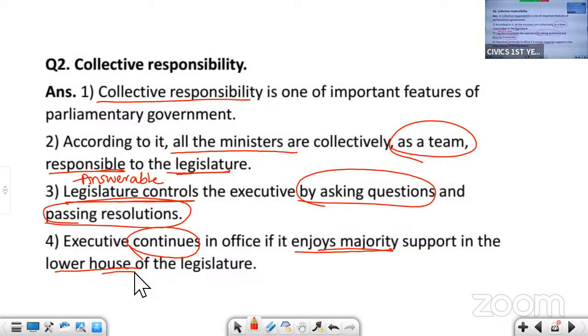So the Prime Minister and his ministers continue in the office till they enjoy the support of the members of legislature. That is why we have discussed that the tenure of the executive is uncertain. If a no confidence motion is passed against the government, then the Prime Minister and his ministers have to resign. So the legislature is controlling the executive.